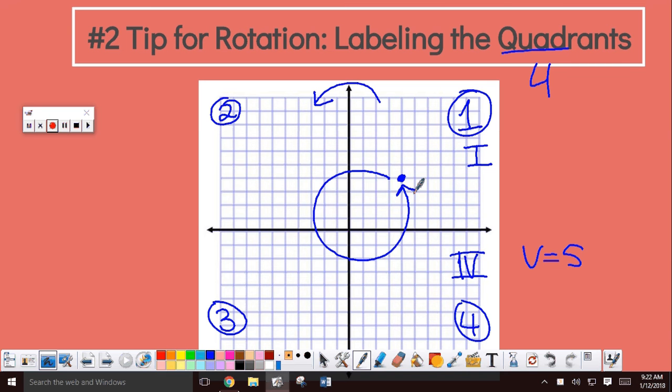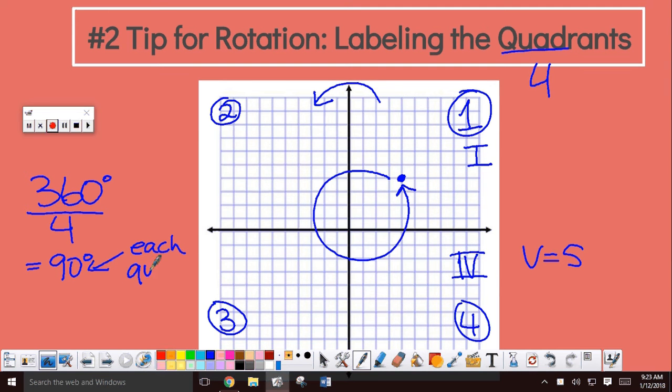Why? Well, a full turn is 360 degrees. There are 4 quadrants, right? 1, 2, 3, and 4. So if we want to split up our turns 4 times, we're going to divide 360 degrees by 4, and that's going to give us 90 degrees. So each quadrant is 90 degrees.